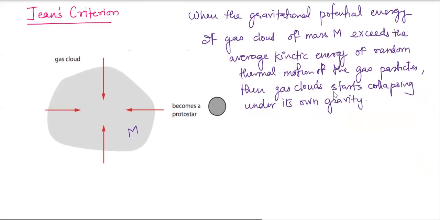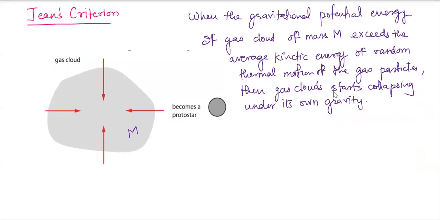So this is a condition in which the mass is large enough such that the gravitational potential energy exceeds the average kinetic energy of the random motion of the gas molecules. Then this gas cloud will start collapsing under its own gravity, and we can write this condition as: gravitational potential energy is given by G m m over r, but here there is the same mass, so I will take G m squared over r, where r is the radius of the gas cloud.